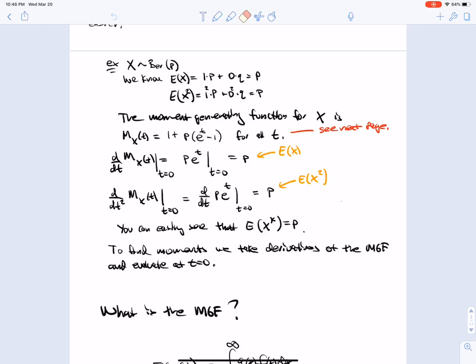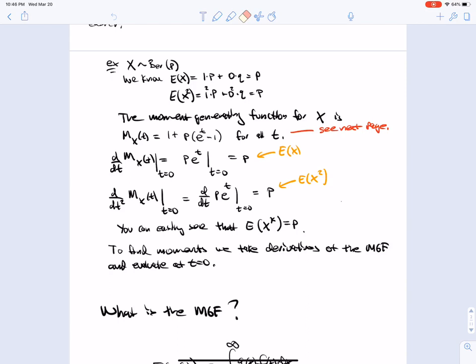If we take the second derivative, set t equal to 0, we easily see that the second moment is also p. So that confirms what we calculated above. Furthermore, you can very easily see that all moments are p.